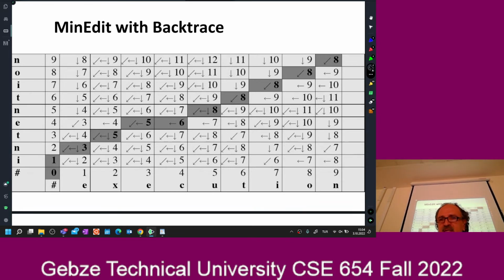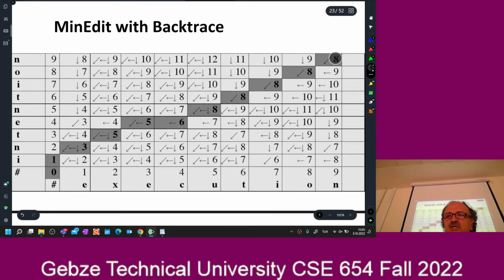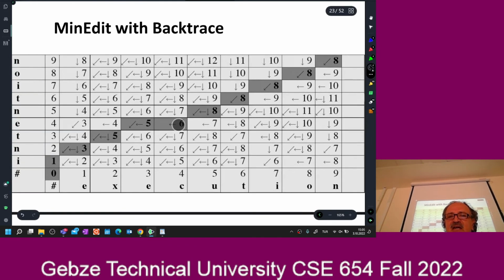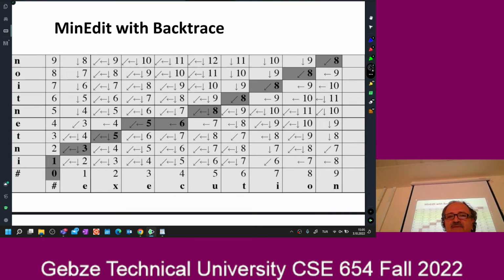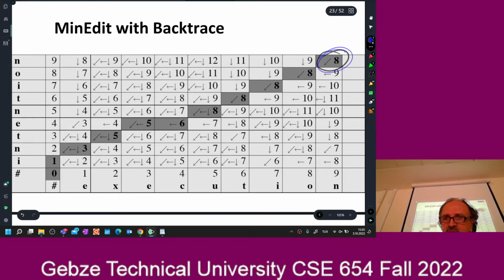This one says that I come to this position from the diagonal. And this one says that it doesn't matter where I come from, I can come from there or there. This one says that I come from the left. This one left or diagonal, etc. So if you keep this information, starting from this end, you follow one of those arrows and you'll be fine. So I can do this maybe. Can you see the blue?